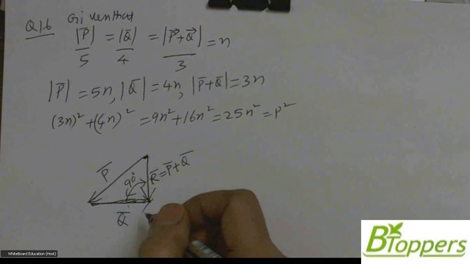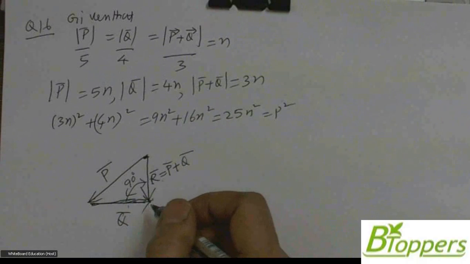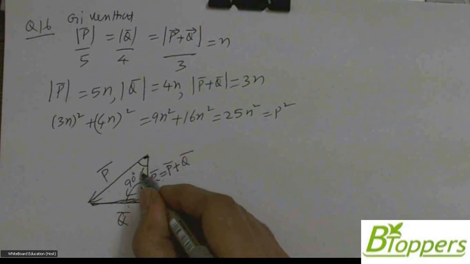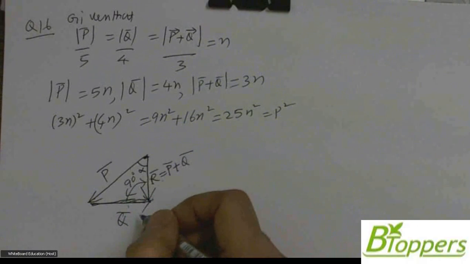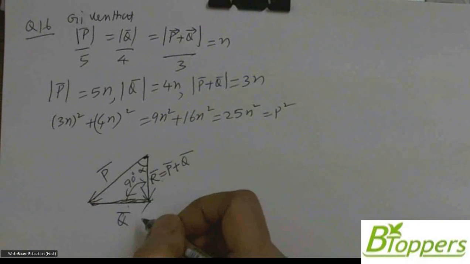Now, to know the angle between two vectors by the graphical method, the two vectors must be graphically represented such that the tail of one vector is attached to the tail of the other vector. So here, this angle, call it alpha. That means alpha is the angle between the resultant and the first vector p bar.